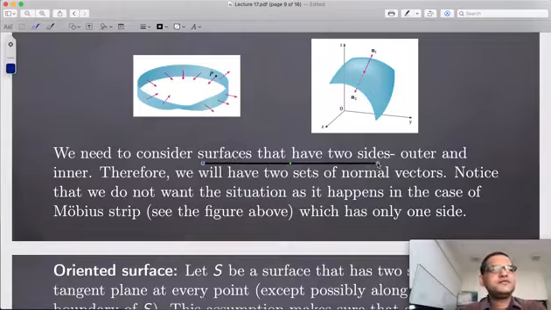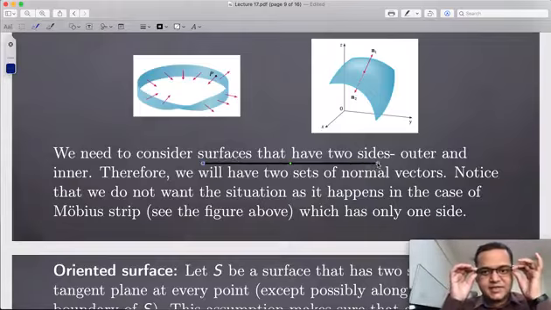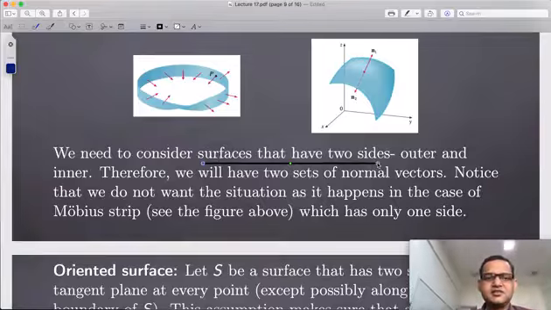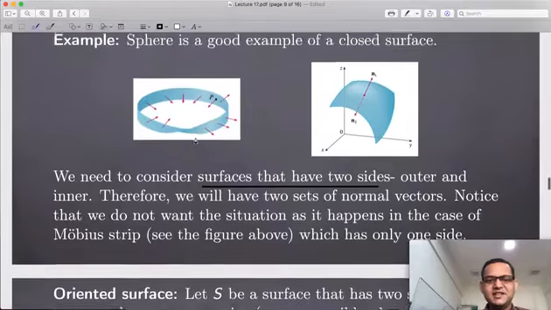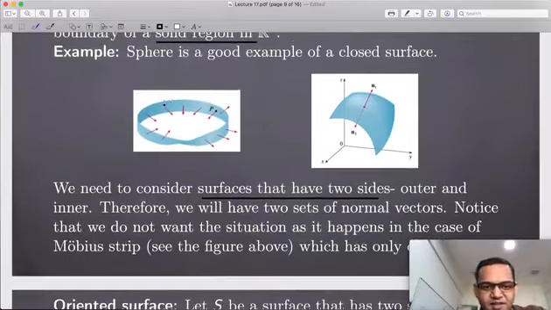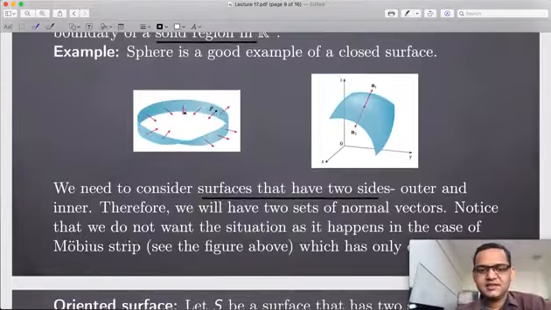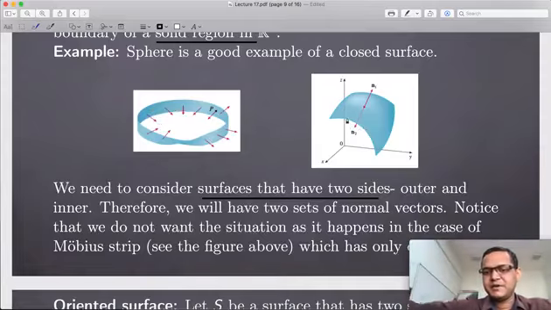Now you have to imagine a little bit. I have taken two pictures from the book. This picture you might have seen, this is called the Mobius band or Mobius strip. Look at the difference between this and this picture. This is like a sheet of paper which is slightly folded. So this is one surface and this is another surface.